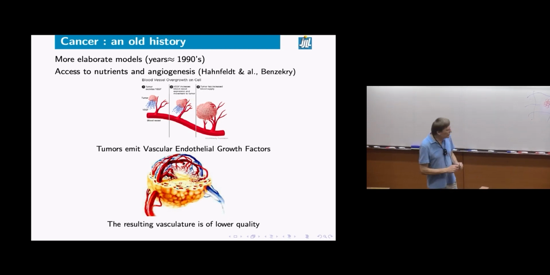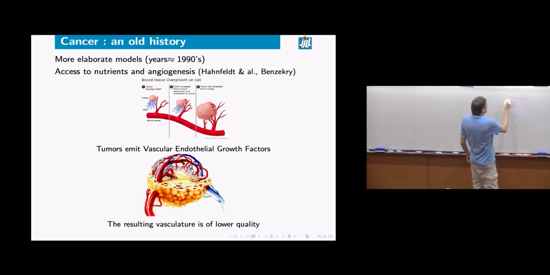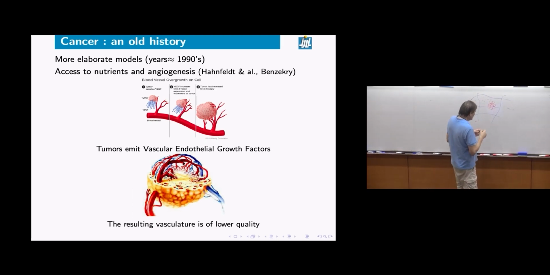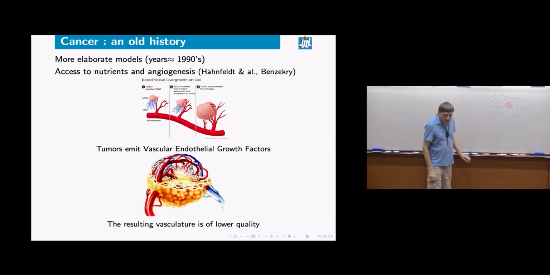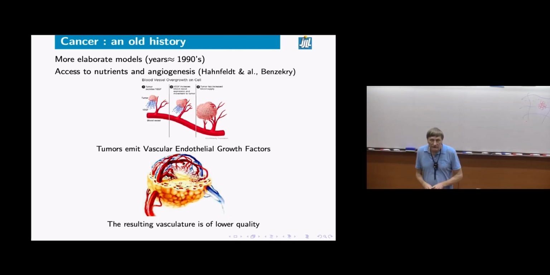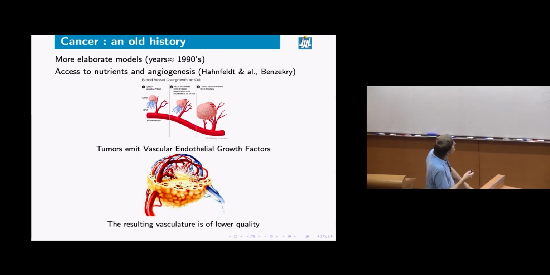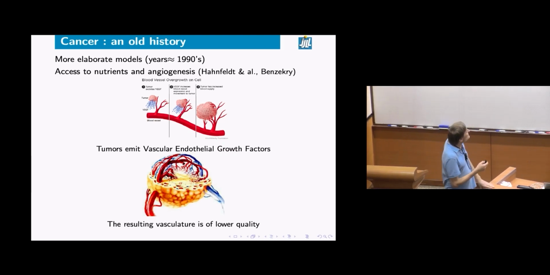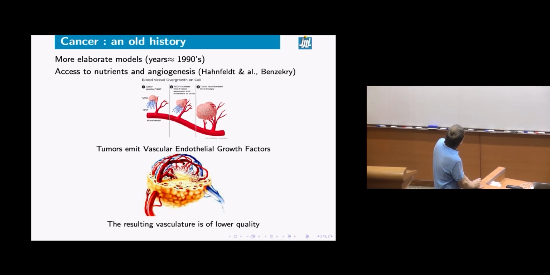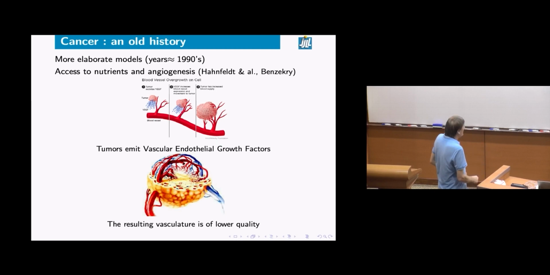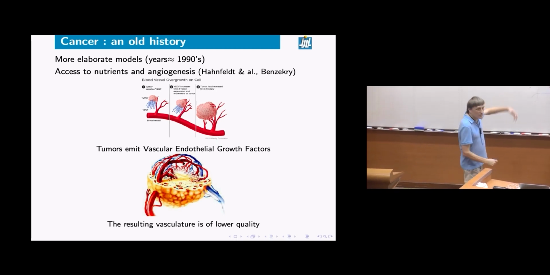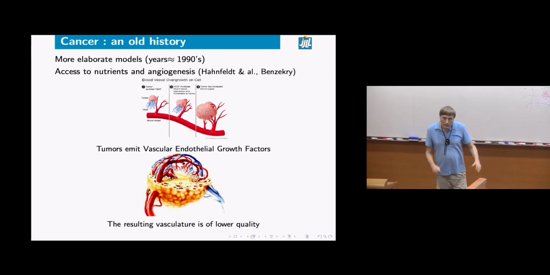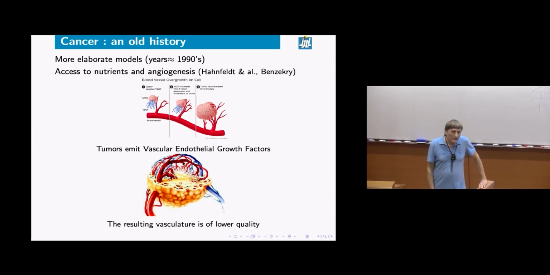They are under stress, and so they emit molecules, which are called vascular endothelial growth factor, VEGF, molecules which have the property to attract new blood vessels. So this is called angiogenesis. It's a phenomenon which is very well known, and which makes that these tumors will suddenly have more nutrients, and they will be able to continue to grow further.